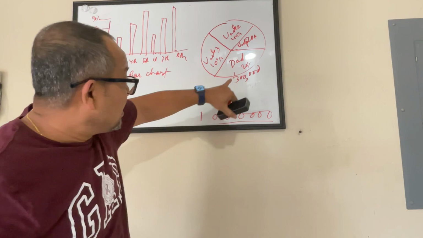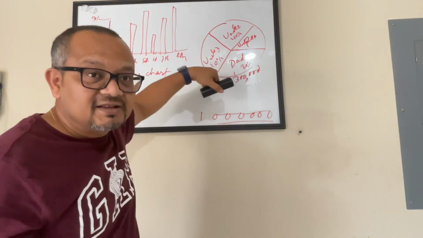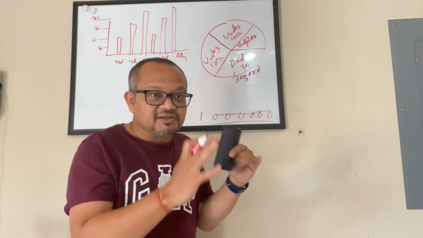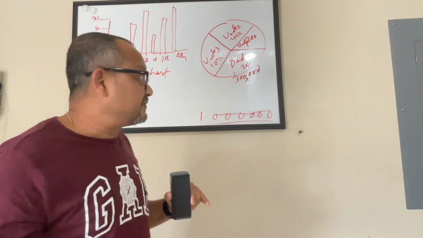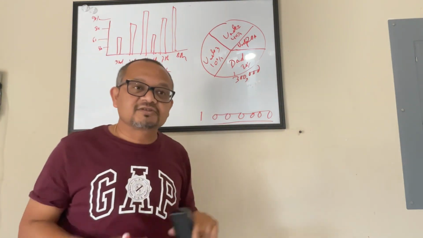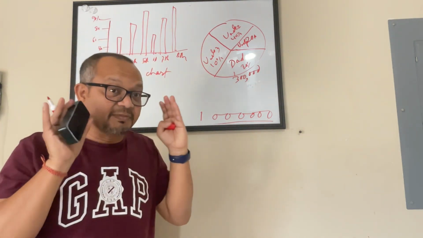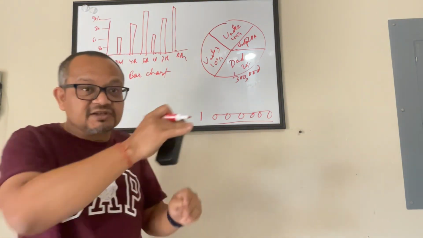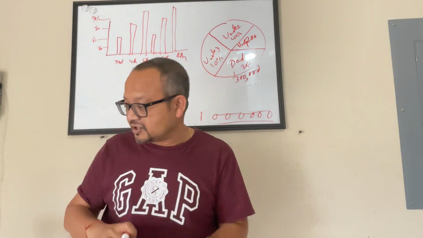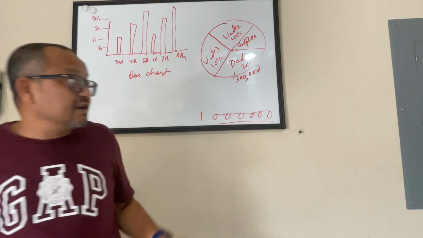So based on the distribution, the pieces will be of different sizes. That's why it is called a pie chart, because it depicts a pie. How the pie is distributed among all the stakeholders is what it depicts.